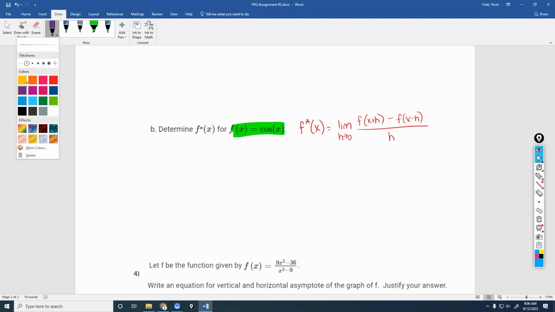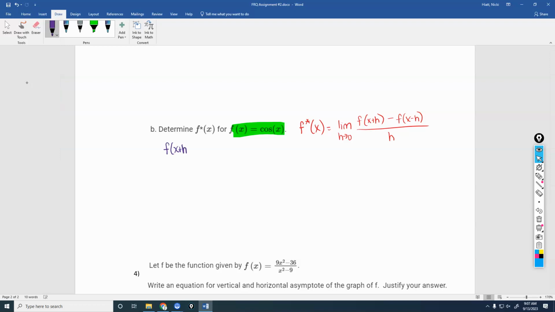So let's look at this one. I probably didn't do that on the key because sum and difference we used to do in pre-cal, and we have quit doing that in pre-cal because it's not required. So if I do f of x plus h, for this function, that is cosine of x plus h.